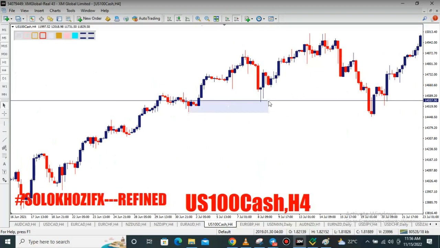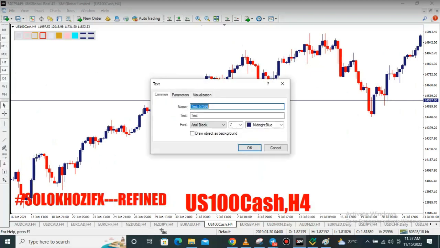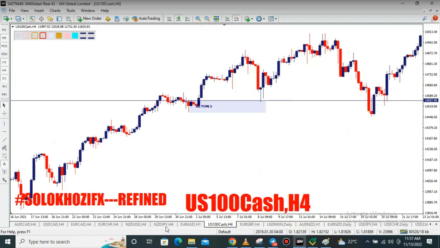They're all aligning on the same level. Candlestick is the best index that gives this type of bearish engulfing. It's type 3. Bearish engulfing type number 3.